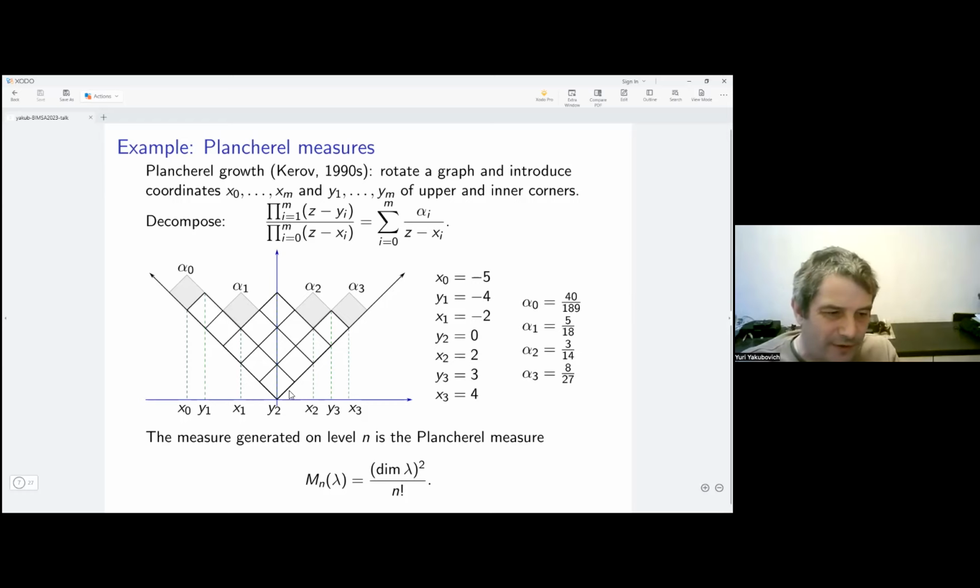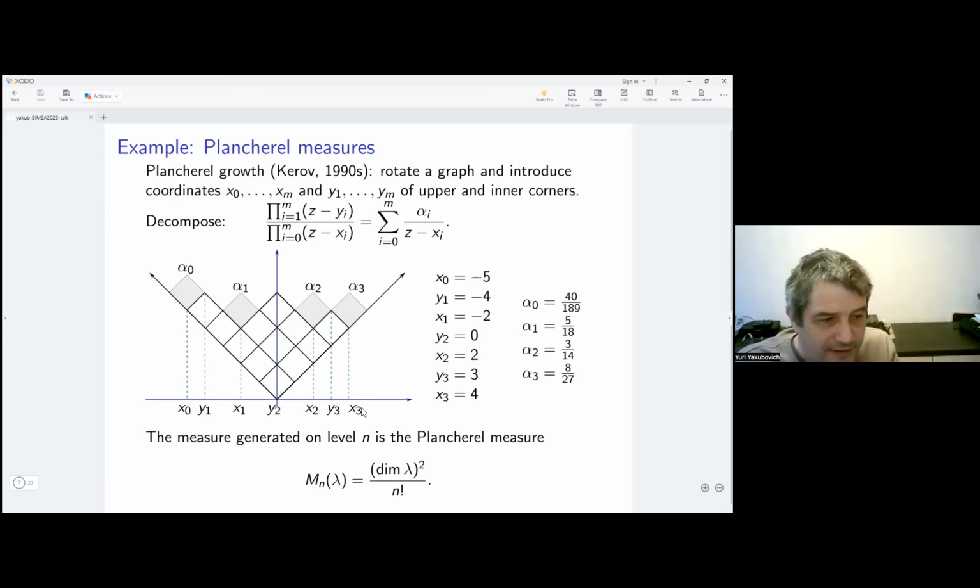So we take this new coordinate system, which is in blue, and then there are inner corners and upper corners of our partition, and we denote the coordinates by x's for inner corners, and by y's we denote coordinates of upper corners.